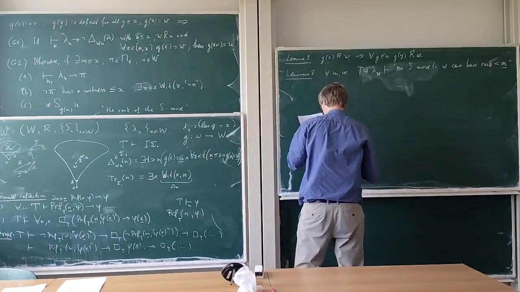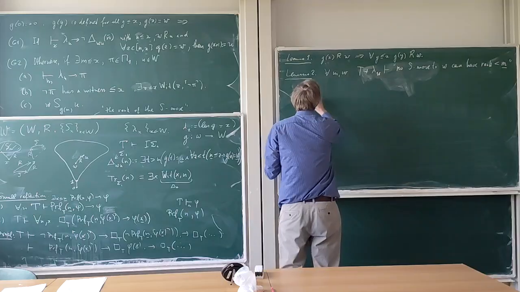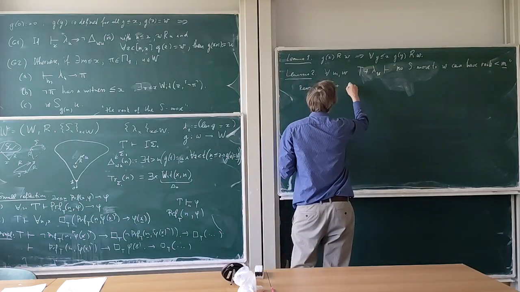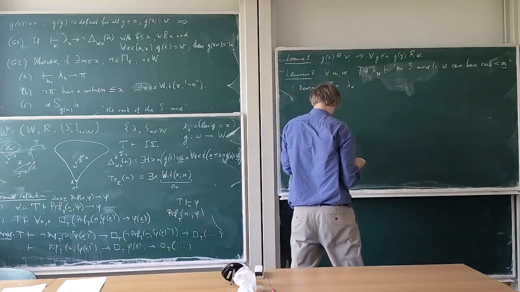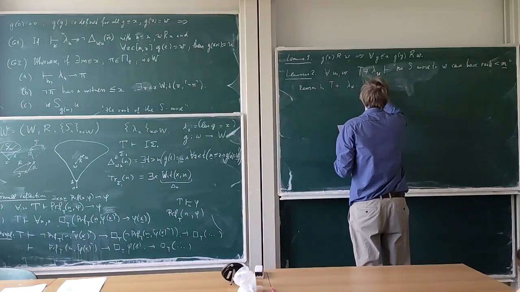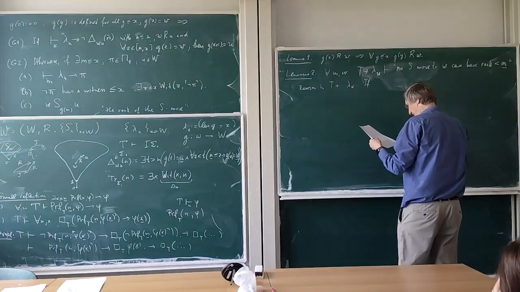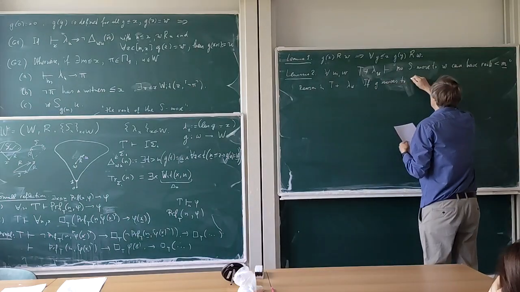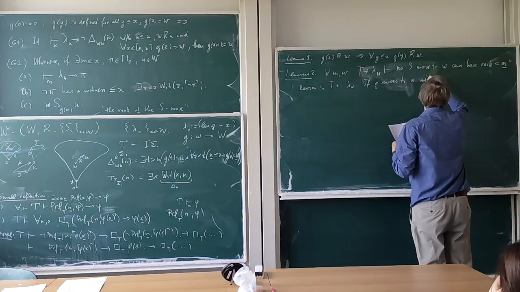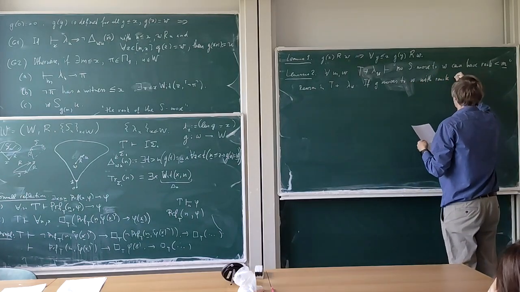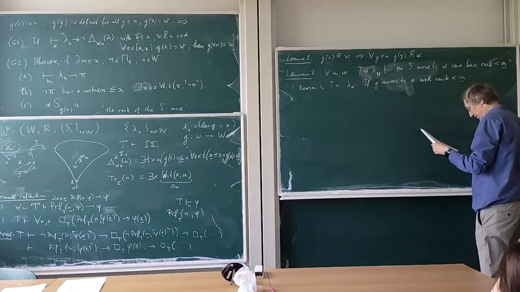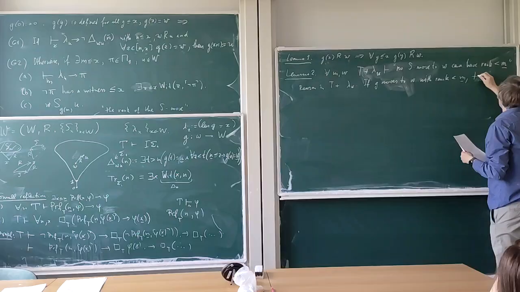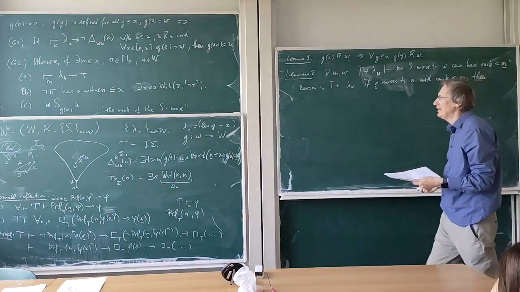Okay. Reason in T plus lambda. If G moves to W with rank smaller than M, then what does it mean?